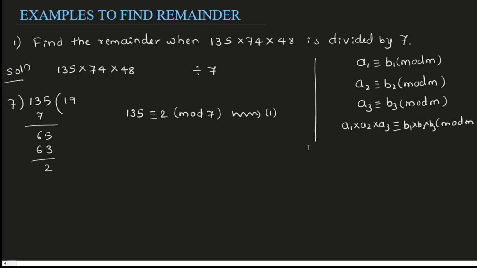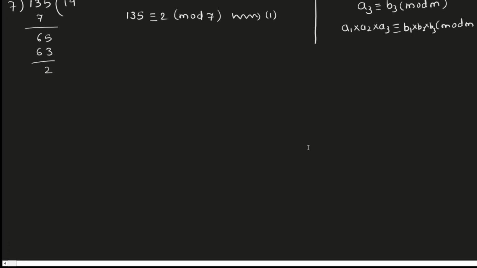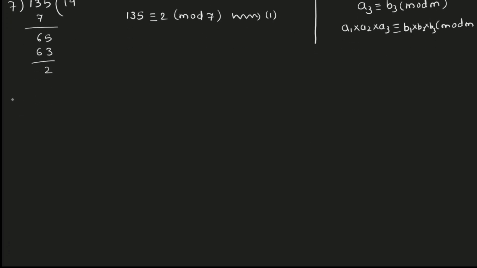Now, similarly, take the next one, 74, divided by 7. 7 tens are 70, so the remainder is 4. So 74 is congruent to 4 mod 7.